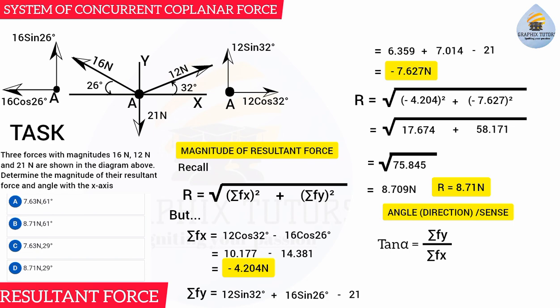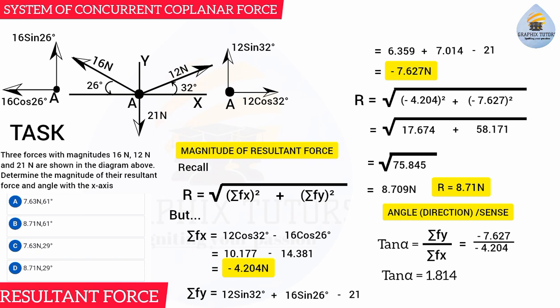And we already have the values for summation of Fy and summation of Fx. So summation of Fy is 7.627 divided by summation of Fx, which is 4.204. Both of them have negative, so the negative cancels out. Is that taken? Now when you divide both of them, you'll have tan alpha equals 1.814. If my tan goes to the other side, it becomes tan inverse.